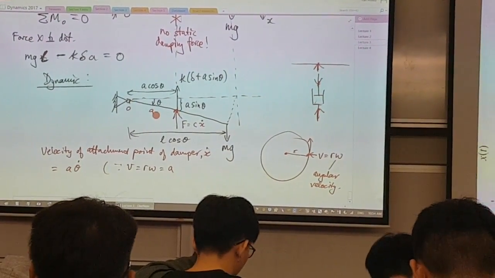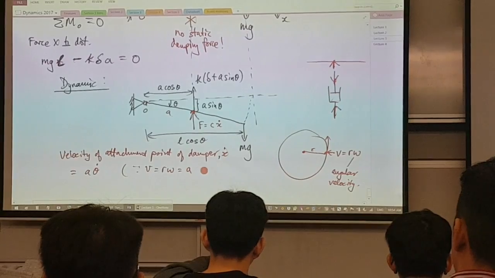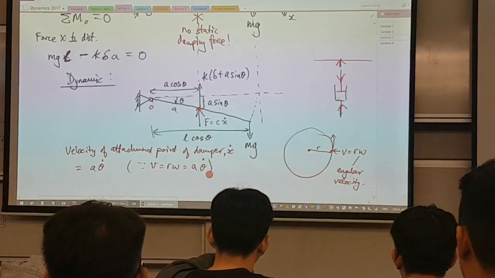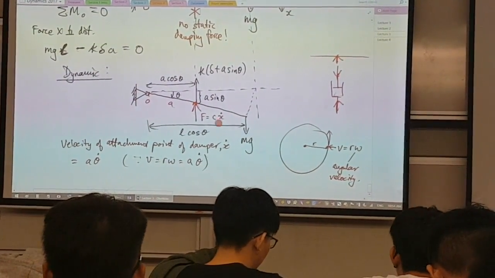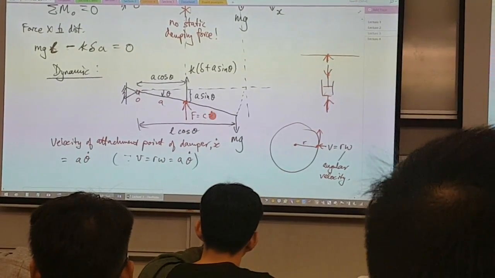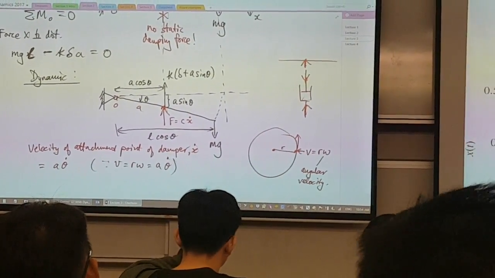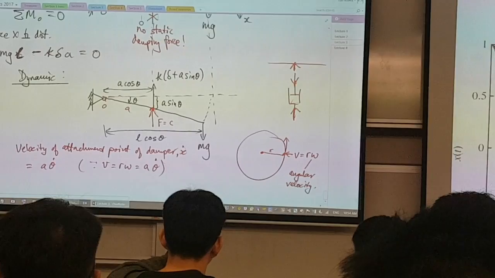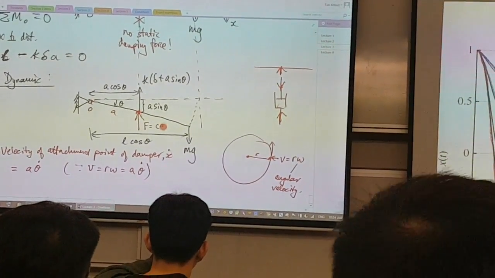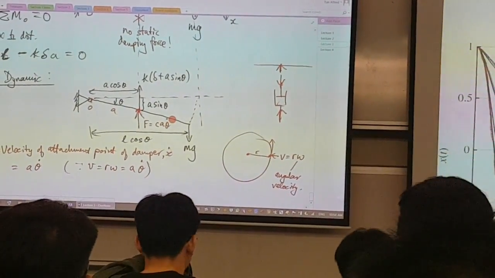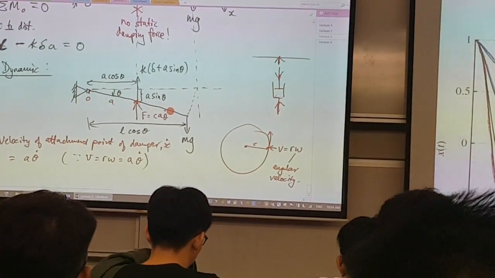And omega here will be my theta dot. So I can't write C x dot, it's actually C a theta dot.